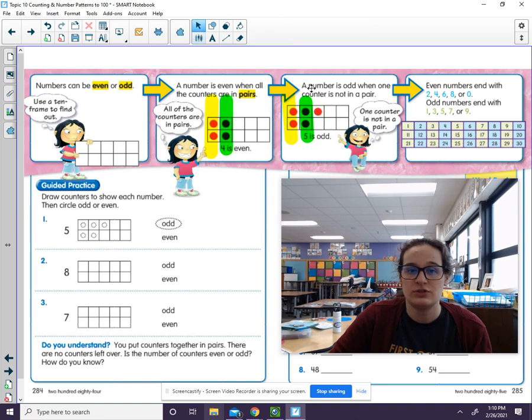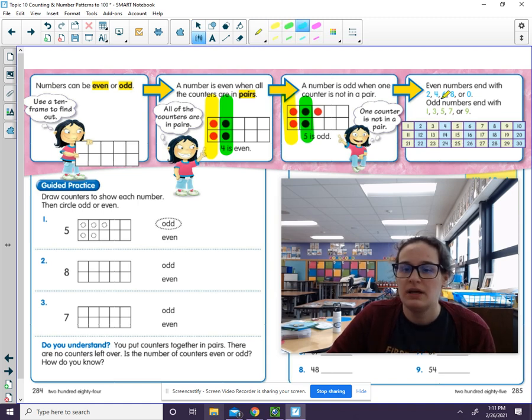Now we need to stack them like this on the 10 frame, only to see if they're in groups of 2. So keep that in mind when you fill the 10 frame, when we're trying to decide if something's even or odd, we stack them to see if they're in groups of 2. And here we can see this is not in a group of 2. So 5 is odd.